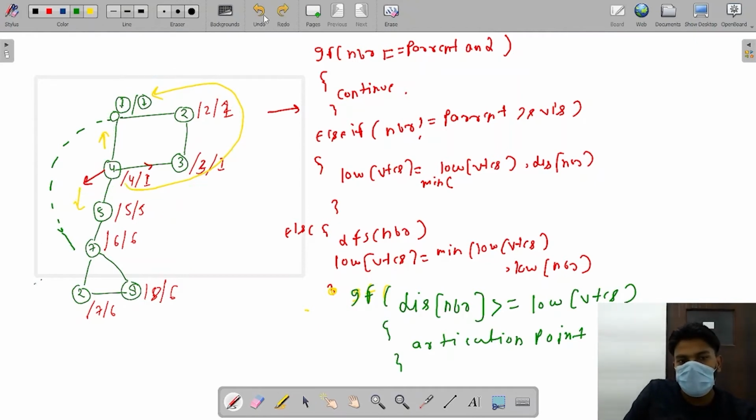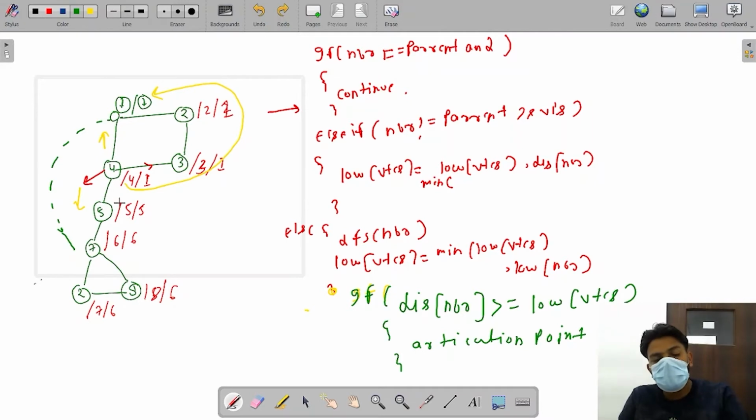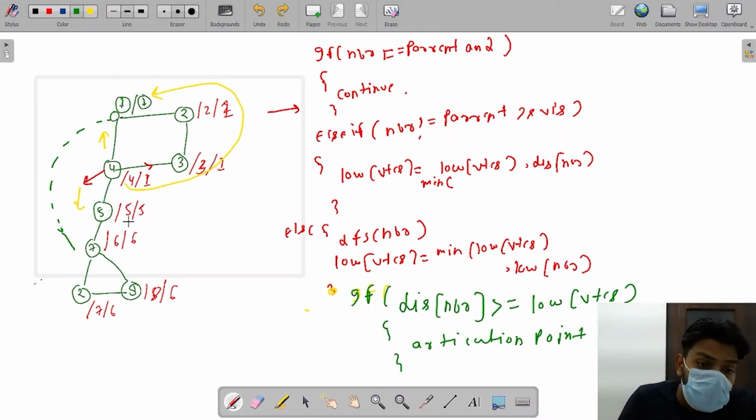Same here for 4. Here also there is another neighbor, and the value of this neighbor is also greater than or equal to the low value of the vertex. So this also cannot come here. It means when we remove this 4, then this 5 cannot be connected here, because the low value of 5 is 5, the discover value of this is 5.